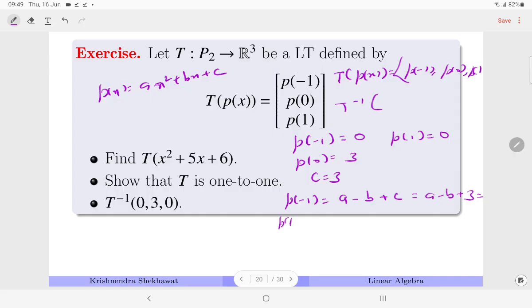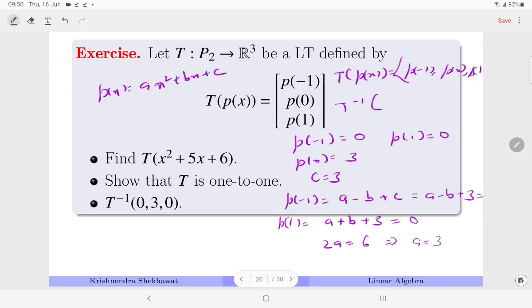P of 1 is equal to a plus b plus 3 is equal to 0. If I add these two, then I will get 2a is equal to 6. That gives me a is equal to 3.